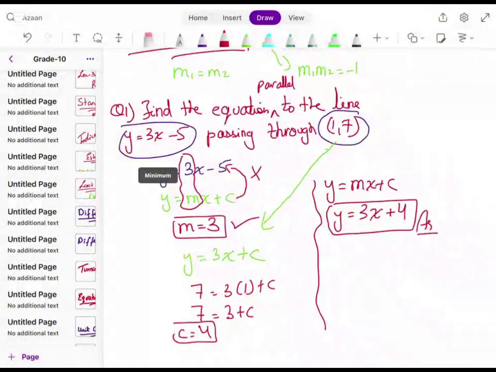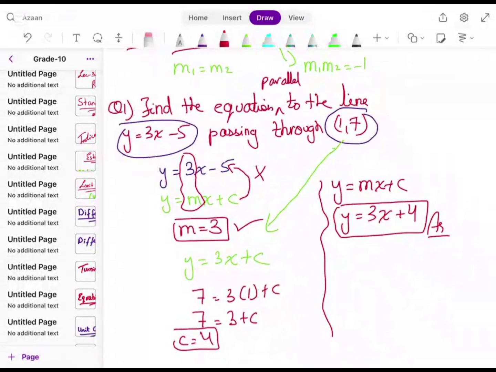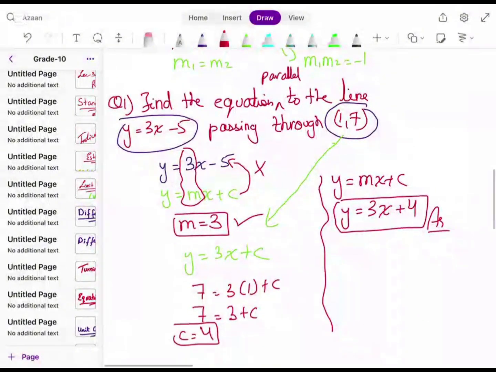Now we will see the perpendicular question. We will see how to solve the perpendicular type question.